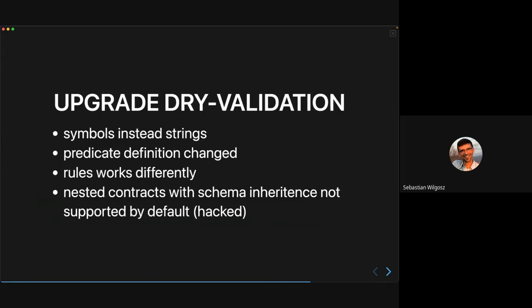And then there is, oh yeah, this one I forgot about. Without this, our application did not run yet, because dry validation in the old version we used was a merged functionality of dry schema and dry validation, and after the upgrade it was split apart into two separate gems. And there were some syntax and feature changes. For example, the upgraded dry validation accepts symbols instead of strings in the required or optional fields.